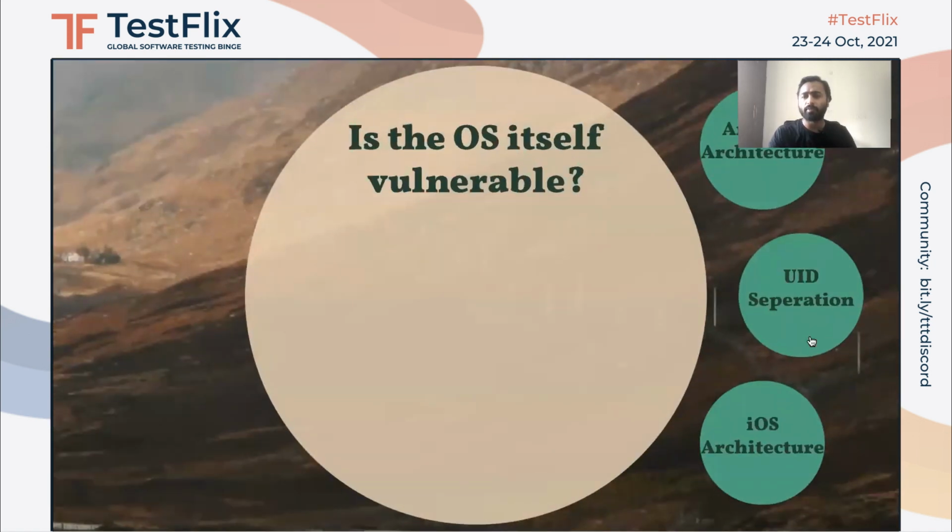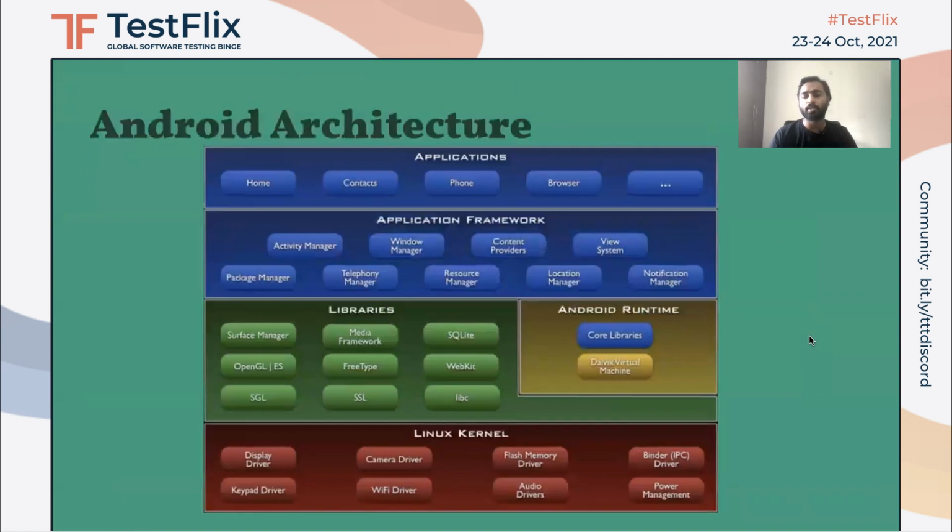Now, the very obvious question that comes out from this is: is the operating system in itself vulnerable? Is Android or iOS vulnerable? Actually, it is not, because the Android architecture is made in such a form that everything is encapsulated and there is abstraction at every layer. There is an applications layer, and beneath that there is an application framework.